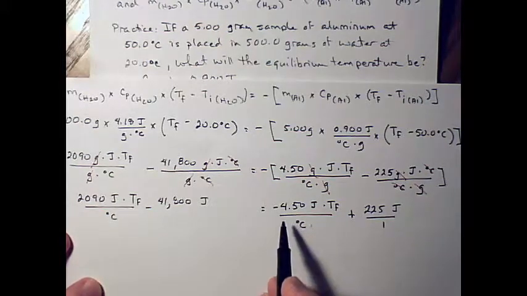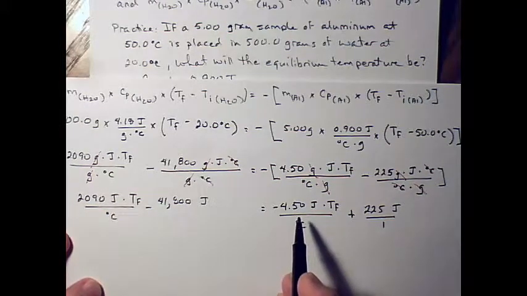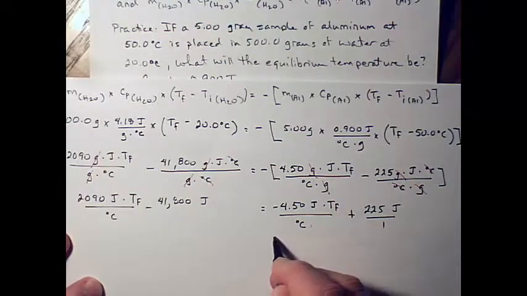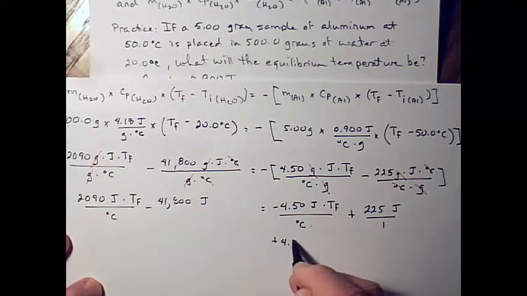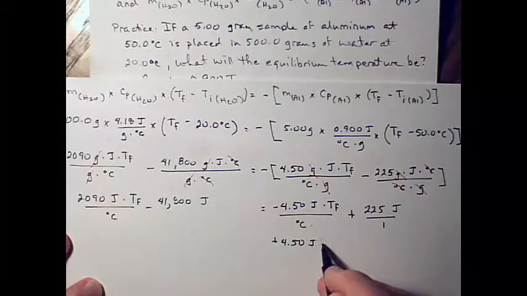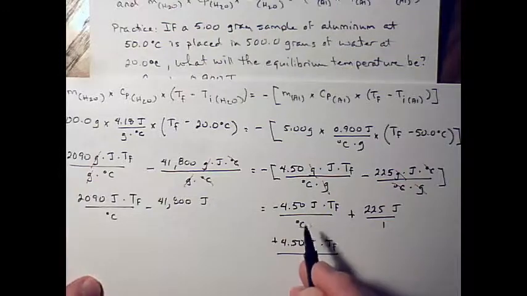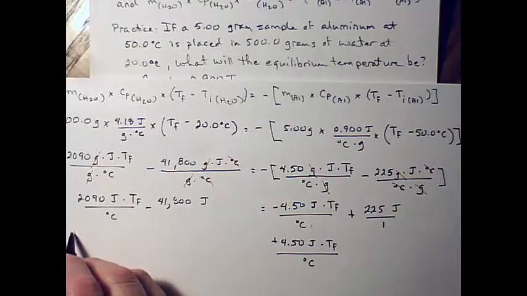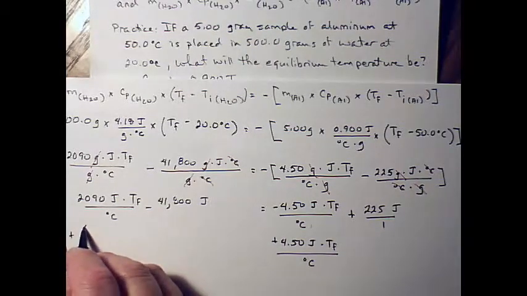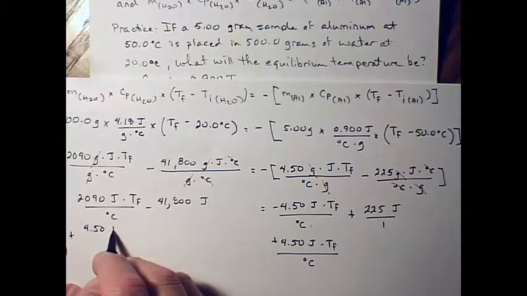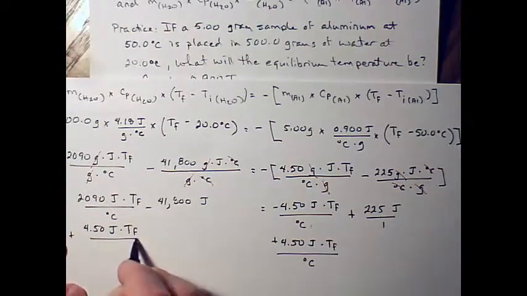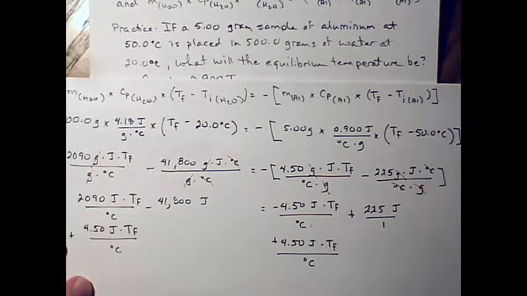Well, if I'm subtracting a negative term, it's like adding. So I'm going to add to this side 4.50 joules times temperature final over degree C, which is going to cancel all that on that side. But I'm going to also add it to this side. Now all this just cancels out because this minus term times this plus term, it's going away. It's going to equal 0, right?